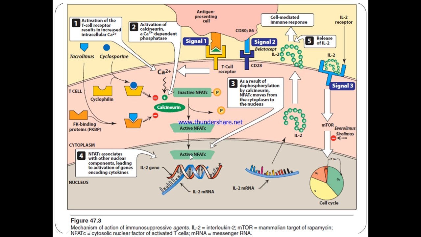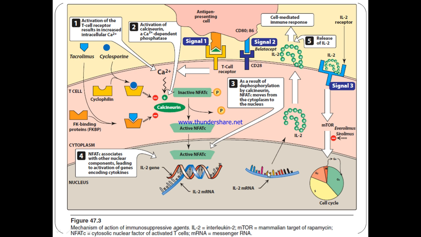Now when there are the IL-2 genes, of course, if you remember the protein synthesis process, in the protein synthesis there is synthesis of the mRNA, and based upon the codon, there is formation of different, specific proteins.